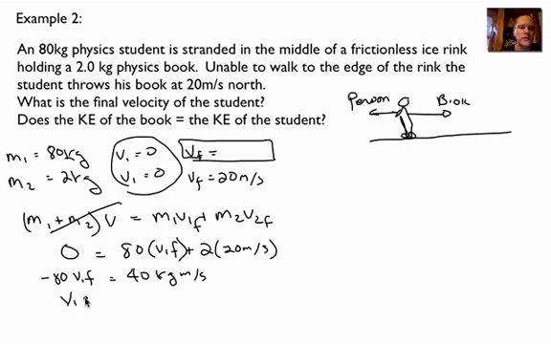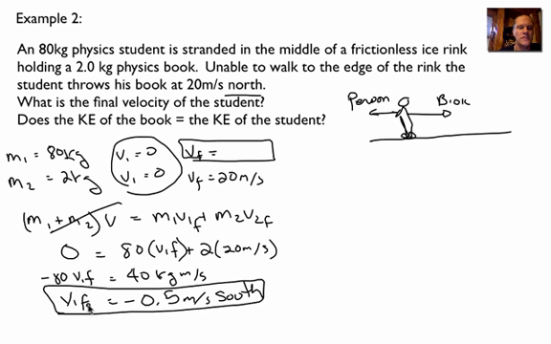And solving then for v1 final, we get that is equal to a minus 0.5 meters per second. And because the book was going north, we will be going south. So there is our v1 final.